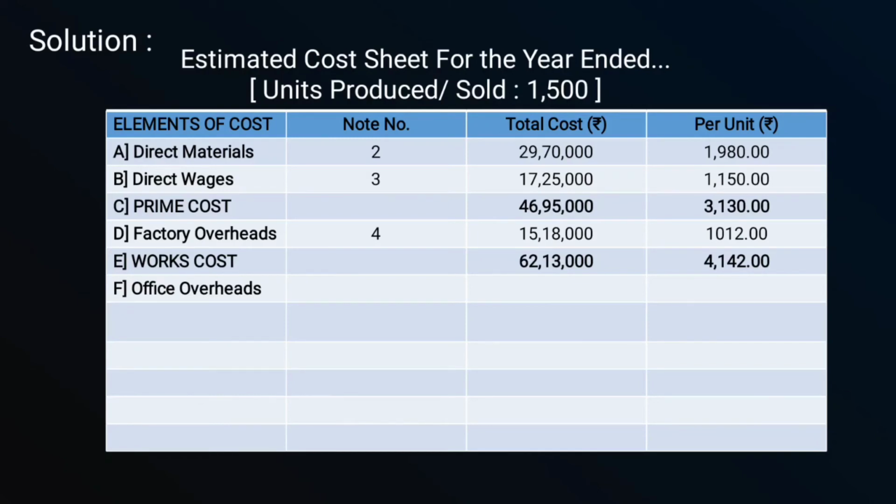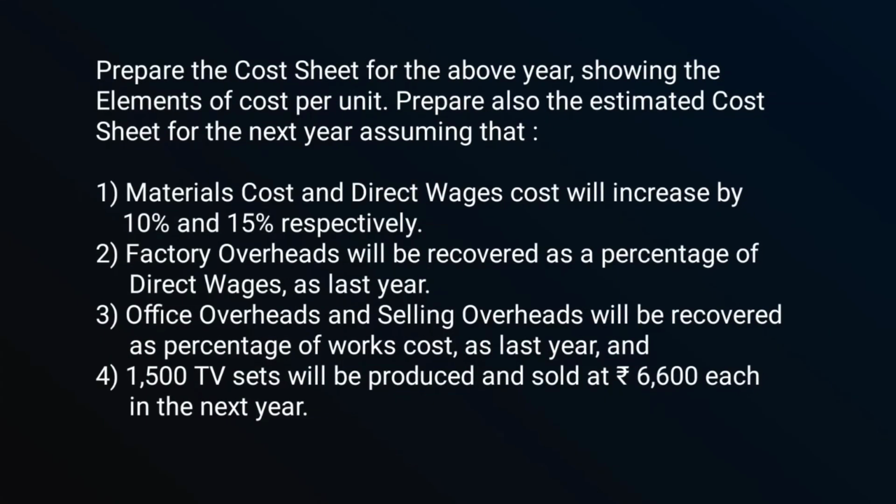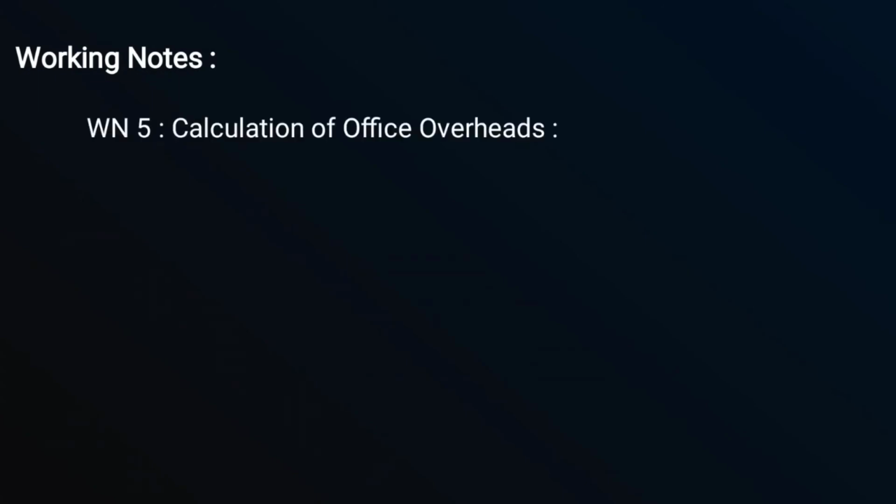Part F, office overheads. Office overheads will be recovered as percentage of works cost as last year. So we need to prepare working notes. Working note number 5, calculation of office overheads.